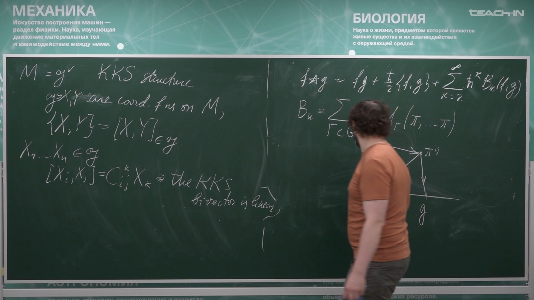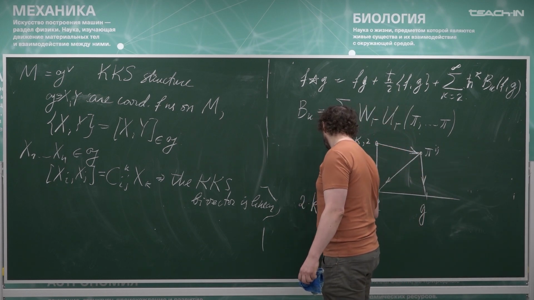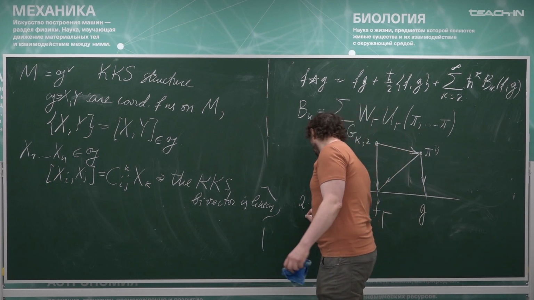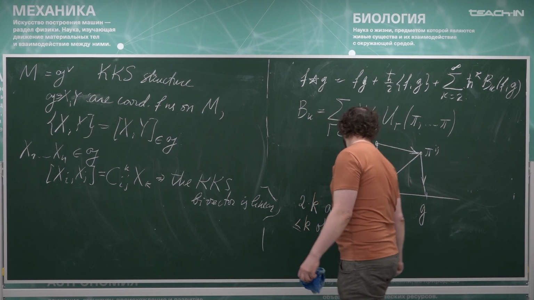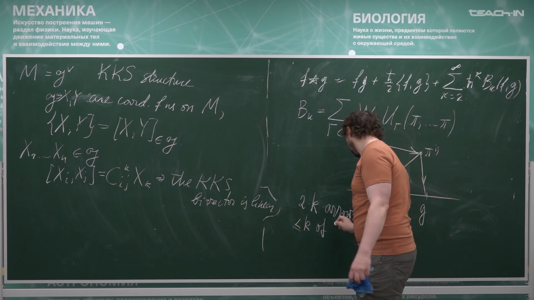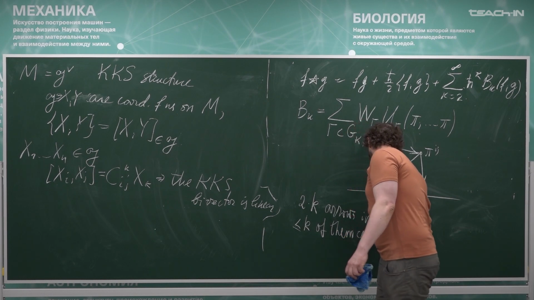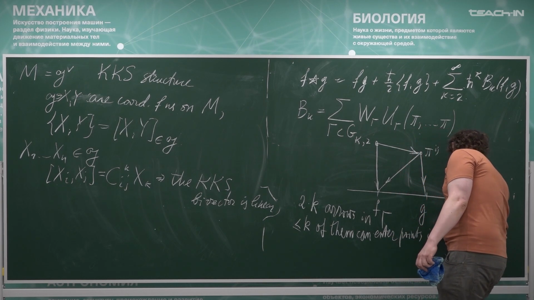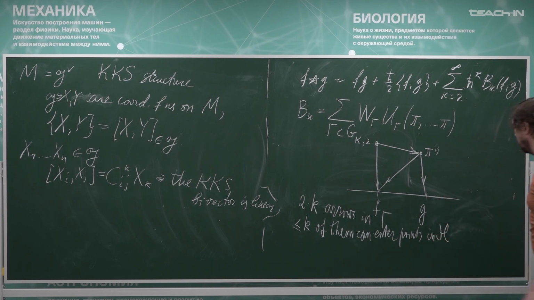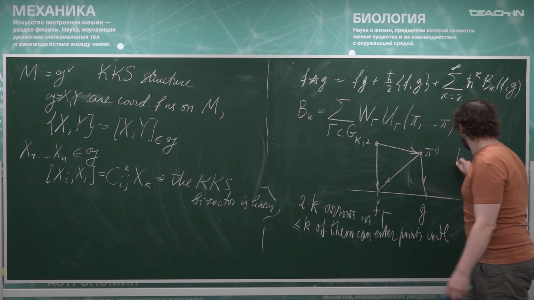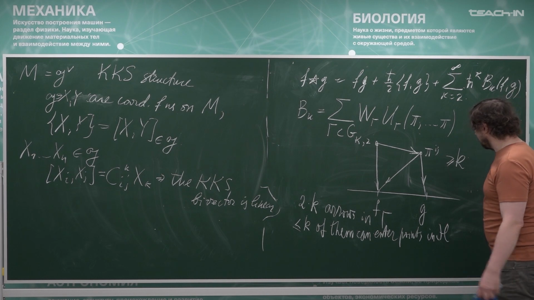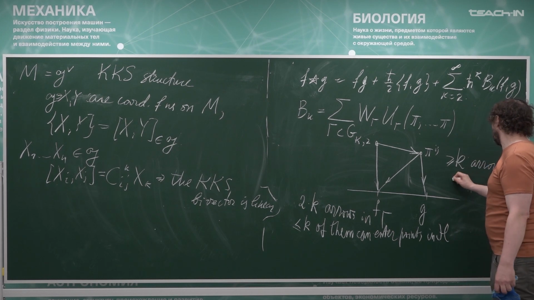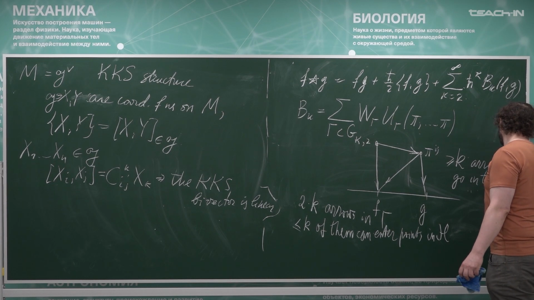So altogether, there are 2 times k arrows in the graph gamma, and no more than k of them can enter points in H. So it gives us no less than k arrows remaining that should go into f and g.